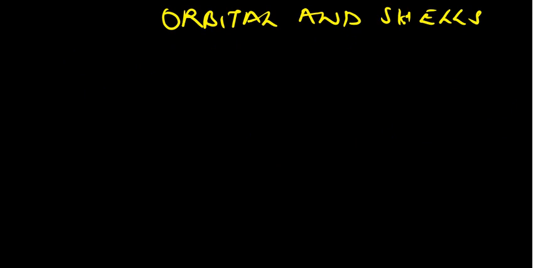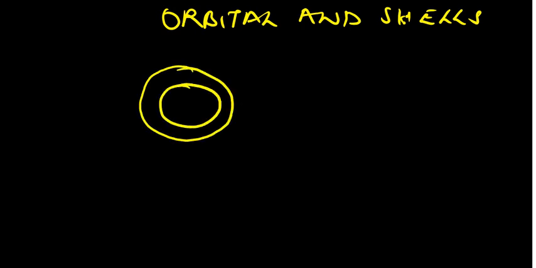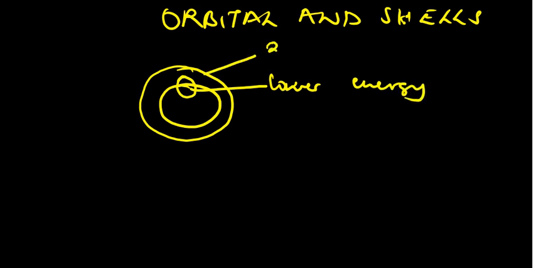Alright, so orbitals exist at different energy levels, from the lowest to the highest. What I mean is that an atom can have two shells, right? So the orbital in the first shell has lower energy than the orbital in the second shell.